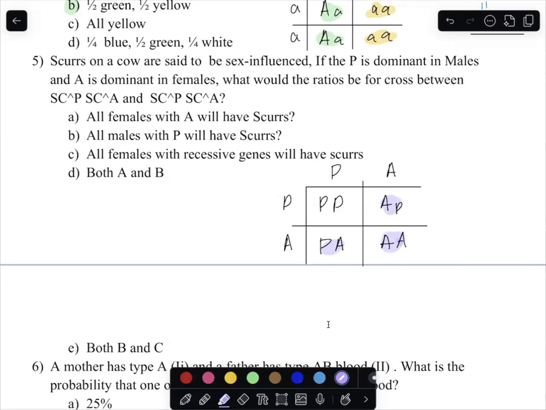So if that's dominant, then 3 out of 4 females would have scurs. And now if we do males and that P is dominant, we would have this one, this one, and this one.